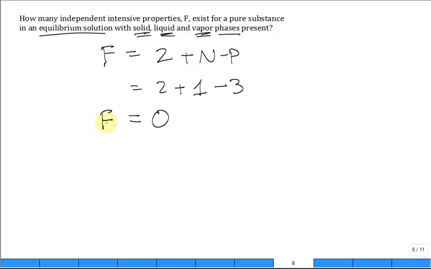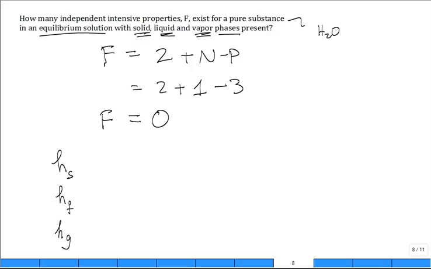So if I said, go get me the enthalpy of a pure substance, let's say the pure substance is H2O. In an equilibrium solution of solid, liquid, and vapor, really what I'm saying is you're going to have the enthalpy of the S, the enthalpy of F, and the enthalpy of G. That's the enthalpy of each of those independent phases.